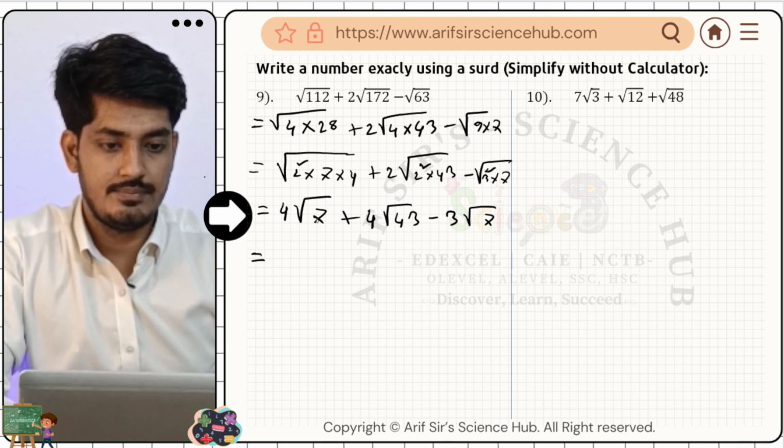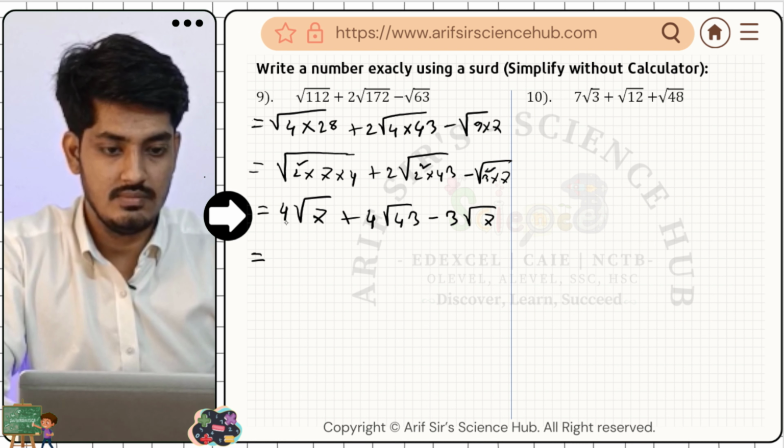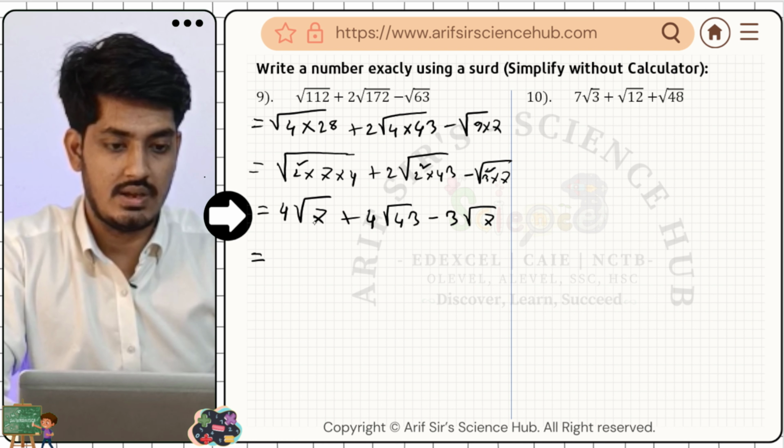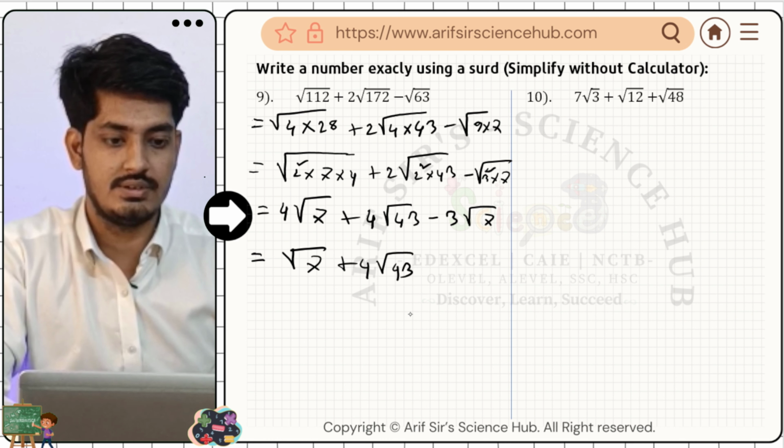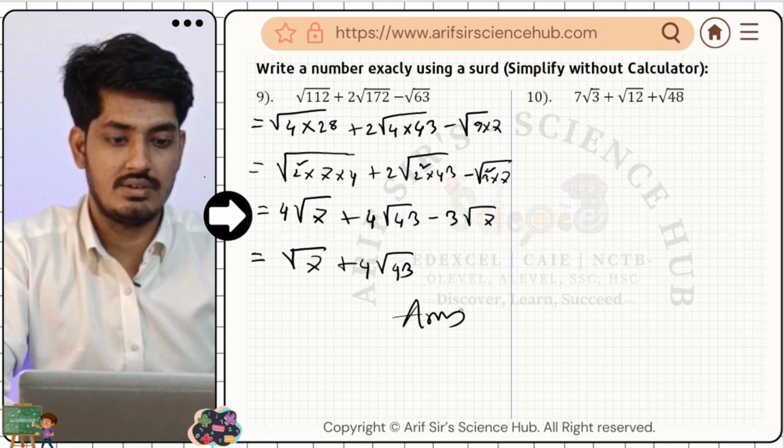Now simply we can make these additions. 4 square root 7 plus 4 square root 43 minus 3 square root 7. So from 4 square root 7 and 3 square root 7, if we just make the additions, it should be just square root 7 plus 4 square root 43. So that should be the simplified version of the equations.